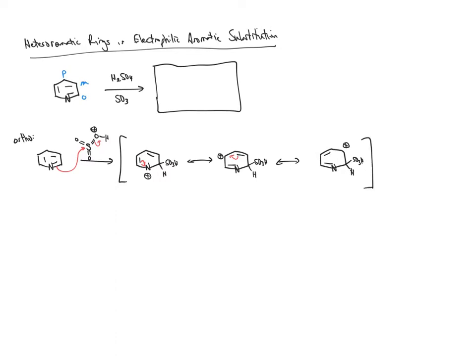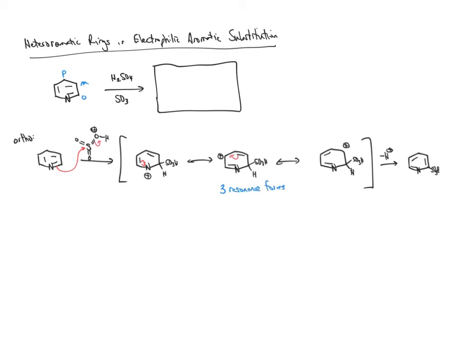Okay, and I could, of course, lose a proton and reestablish aromaticity to give me the ortho substituted product. Like that. Right, so if I look at those resonance forms, there are 3 resonance forms.